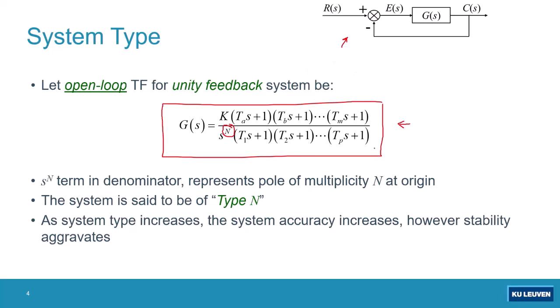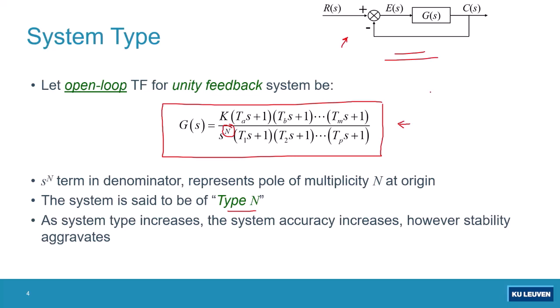For this kind of unity feedback system, we call it a type N system. So type N refers to a unity feedback system where the open loop transfer function has n poles that are equal to 0.